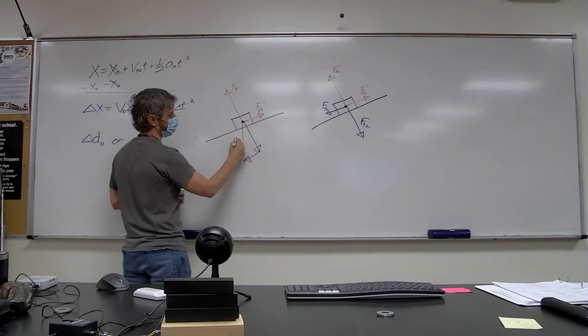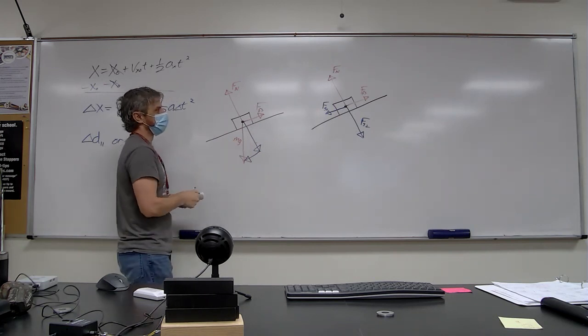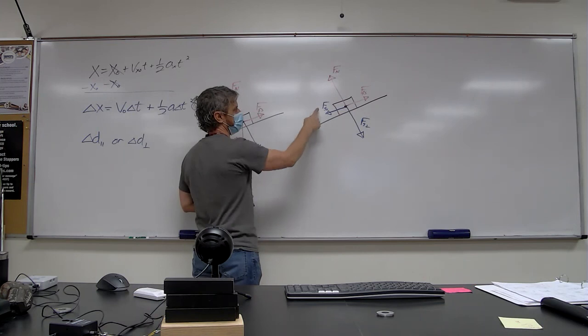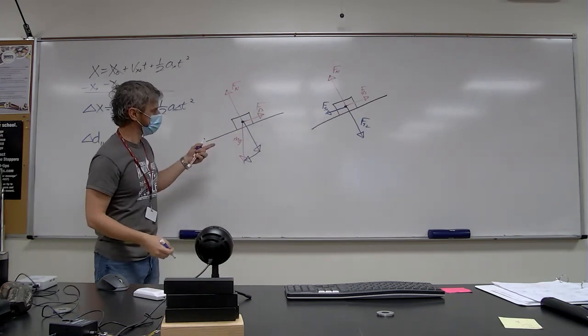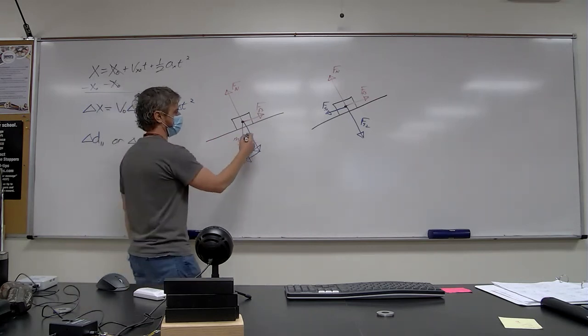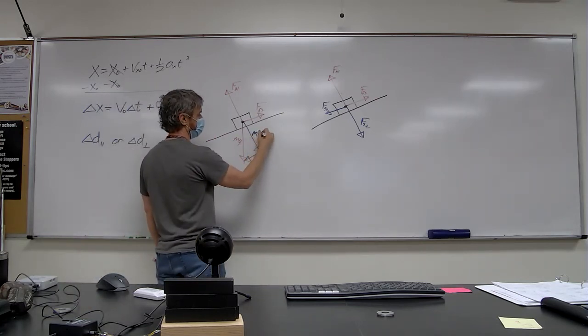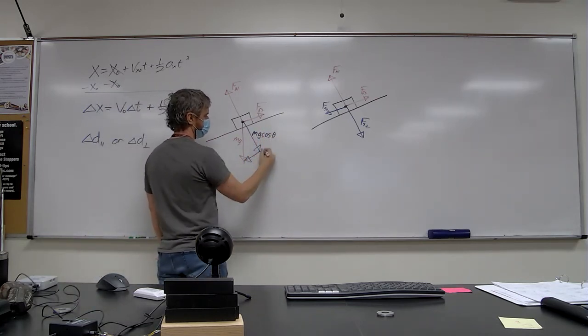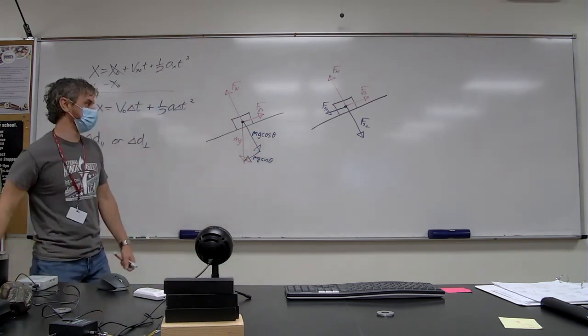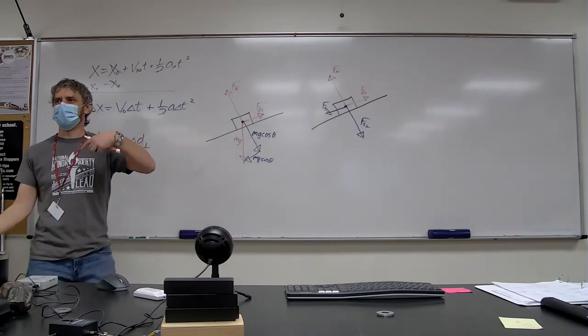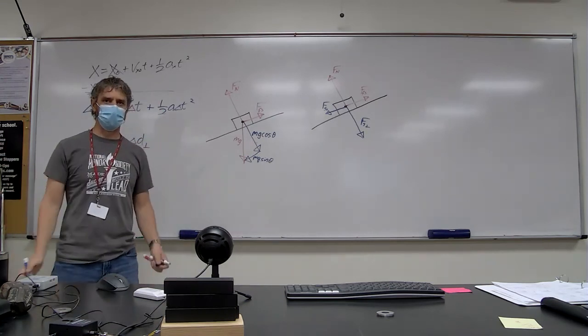I label my weight force as mg. And then instead of saying off to the side, well, Fg parallel is Fg times the cosine of the angle, I just put it on the free body diagram. And you've seen me do that a lot. mg cosine theta, mg sine theta. I'm not trying to skip steps here. I'm just saying that it makes it easier for me to throw that into my equations when I'm using Newton's laws.